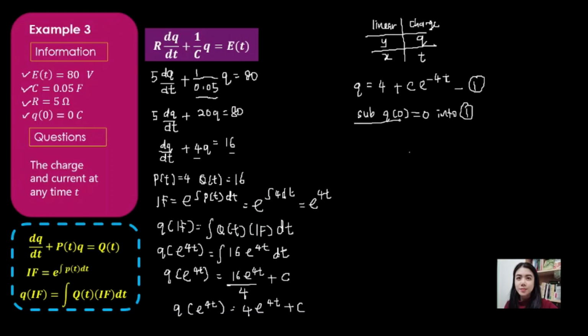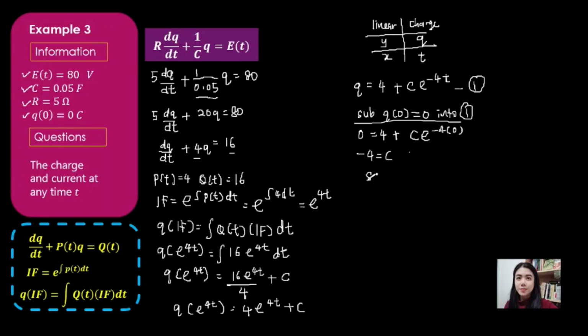This means that your charge is 0. So you have c e^(-4t), where the t here is 0, so you get the value of c as negative 4.